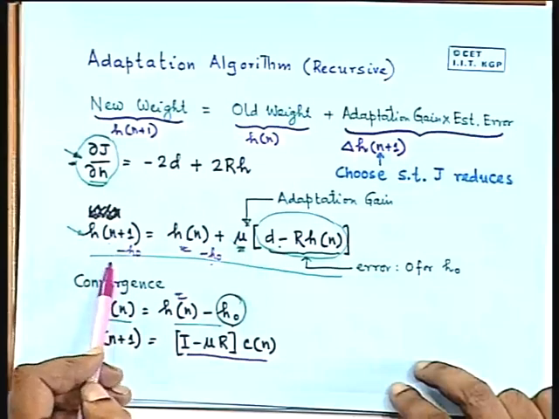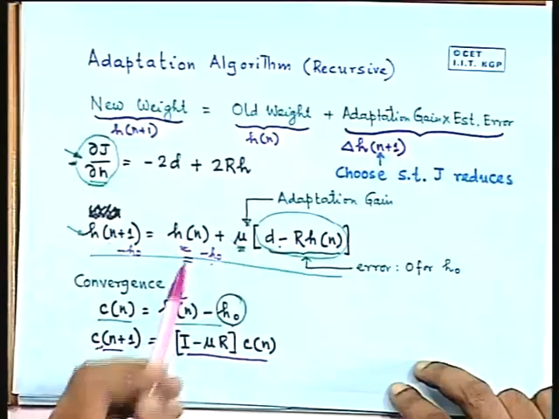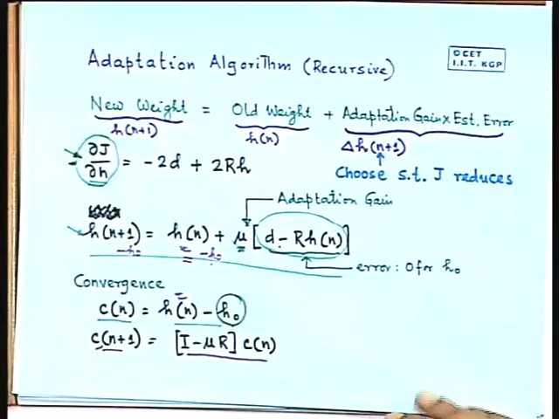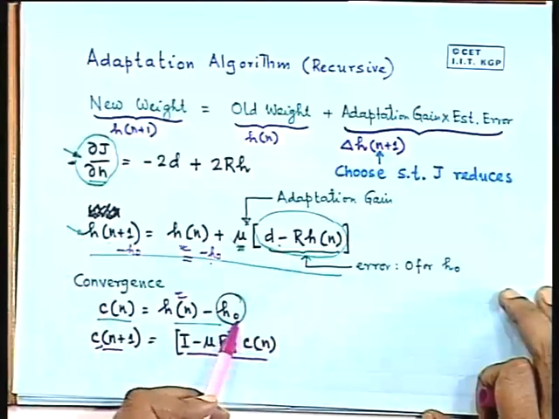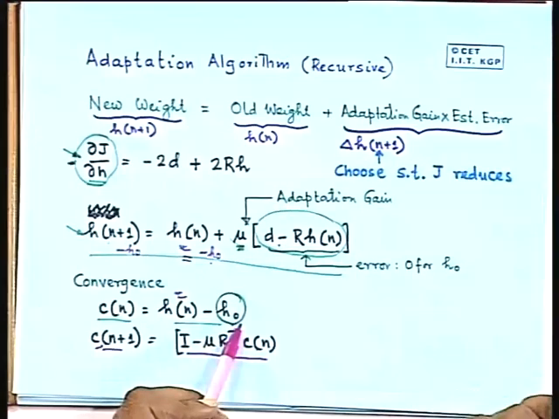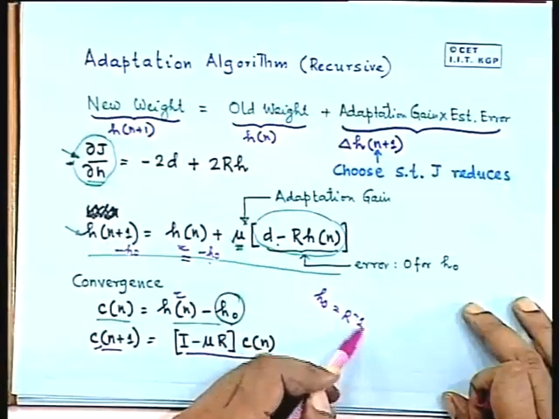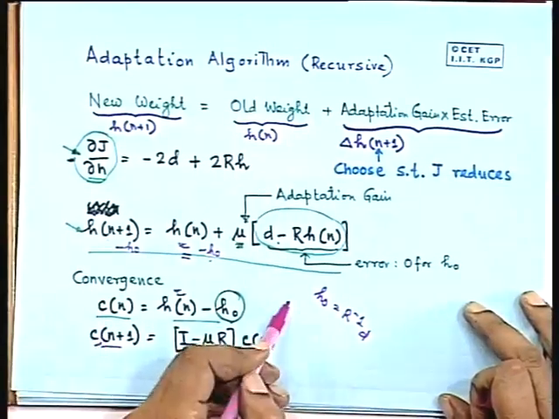So you get here, see this time you have got Cn plus 1, I into Cn is Cn, that also you have got. So how does this become mu R Cn? Because what is H0? H0 is R inverse D, that is the optimal estimate, optimal Wiener filter estimate. So H0 is equal to R inverse D, that we already know. So what is now R Cn?